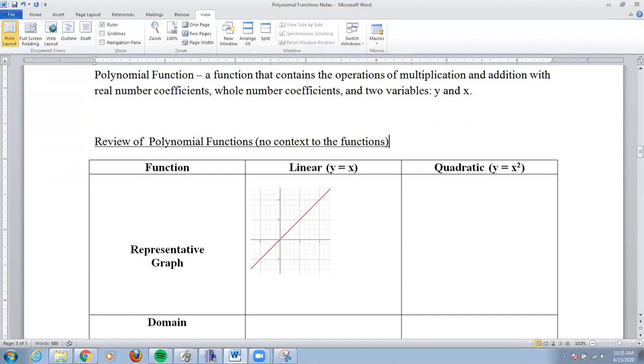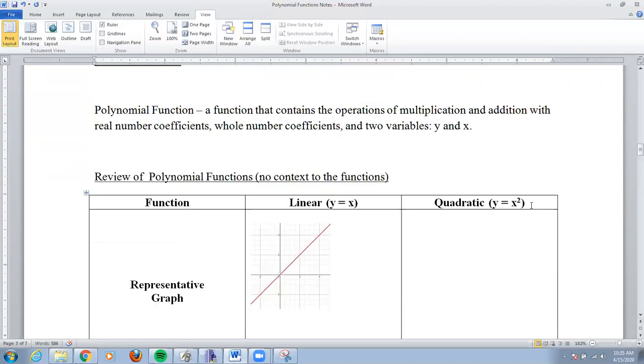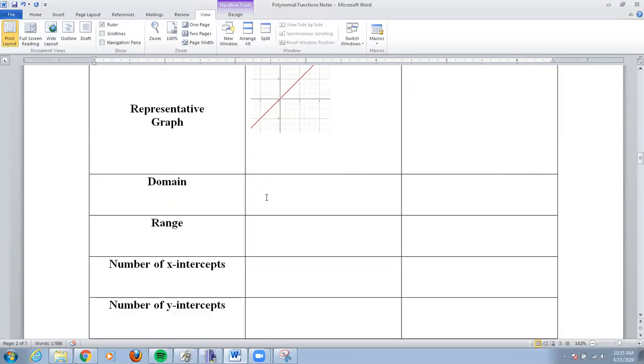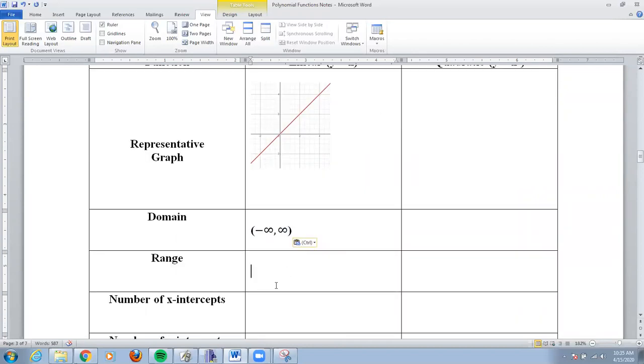When we get into context, we cannot simply blanket state that the domain and range will always be negative to positive infinity. We usually will be hanging out in quadrant 1, just as we did in grade 11. But for the purposes of today, we'll just consider no context. So the domain would be negative to positive infinity, and the range, the y value, going negative to positive infinity.